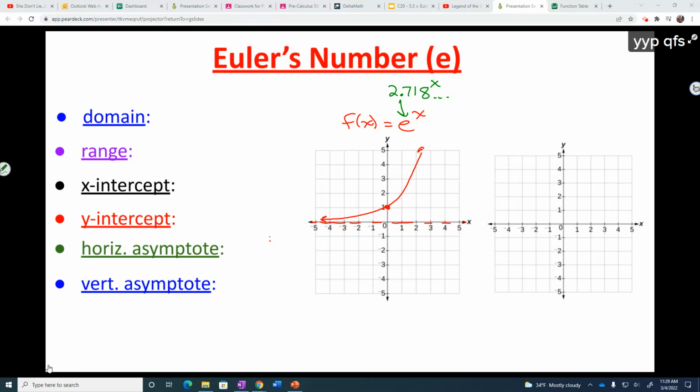And the opposite is true, so this is growth. You'll also see e to the negative x. E to the negative x is actually the same thing as 1 over e to the x, so it's like a fraction. And that represents exponential decay.